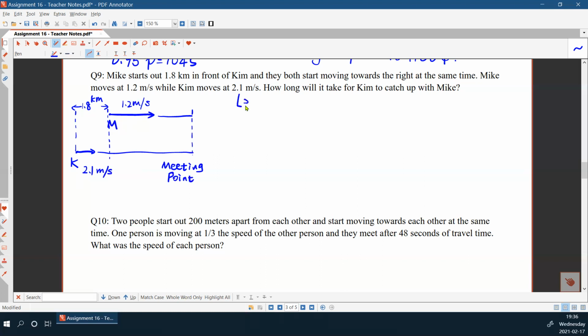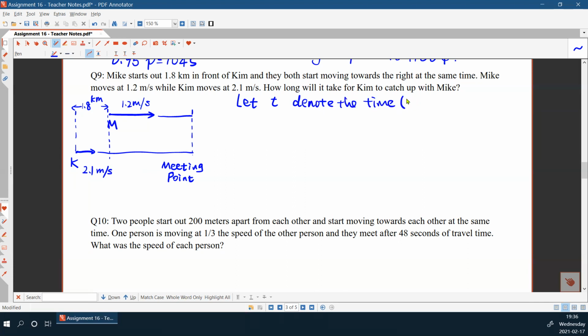So here we use a letter T because we are looking for a time here, right? So let T denote the time taken. Of course, you need to specify the unit here.